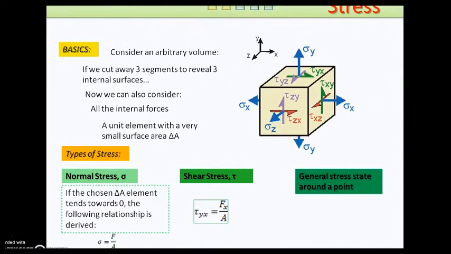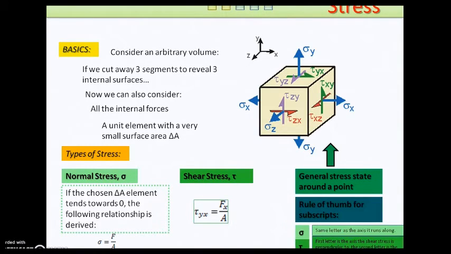Now we can move on to general stress state, which is a case represented here by that schematic. And you'll notice that all of the variables have subscripts, and there are different rules for normal stress and shear stress subscripts.